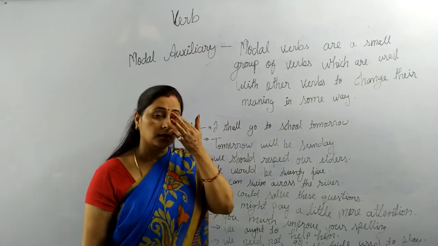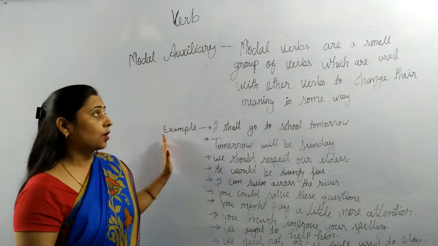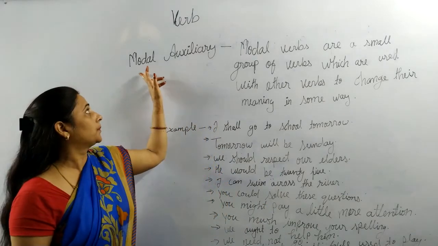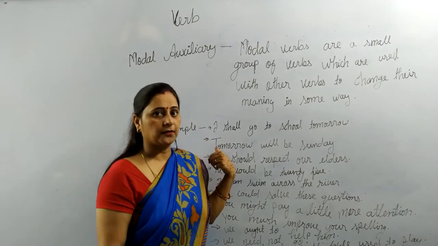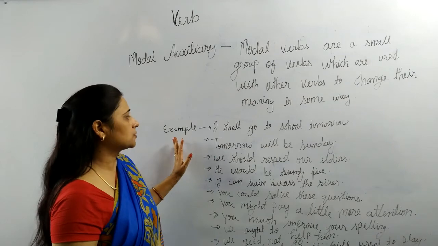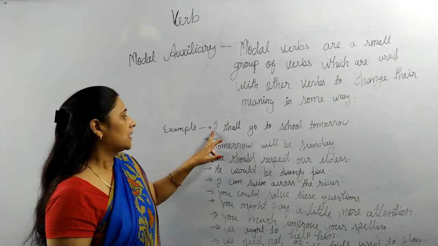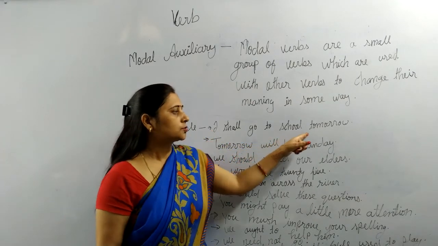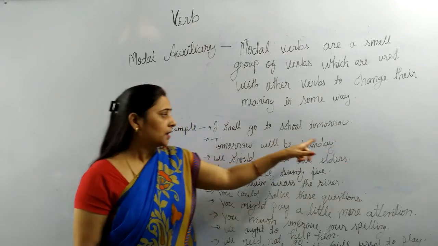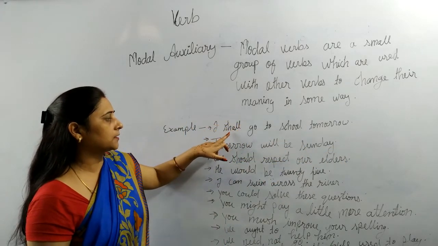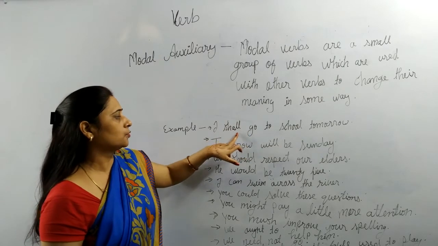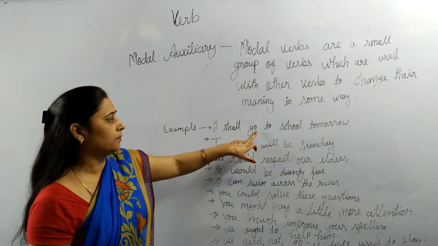All the modal verbs I have explained in my previous table. So here just look at the examples. I shall go to school tomorrow. Shall is a modal verb and we have used it with the verb go.